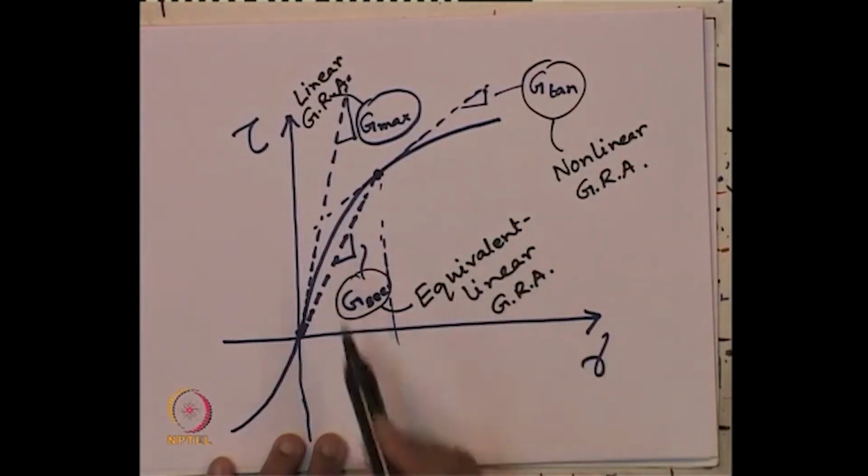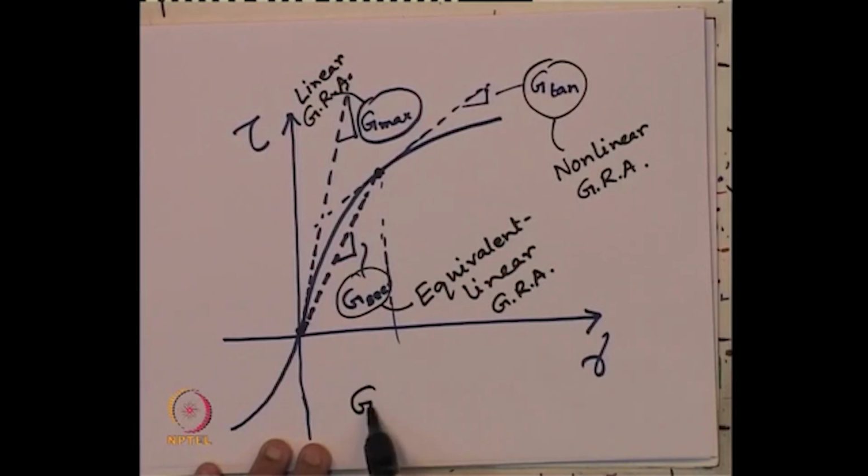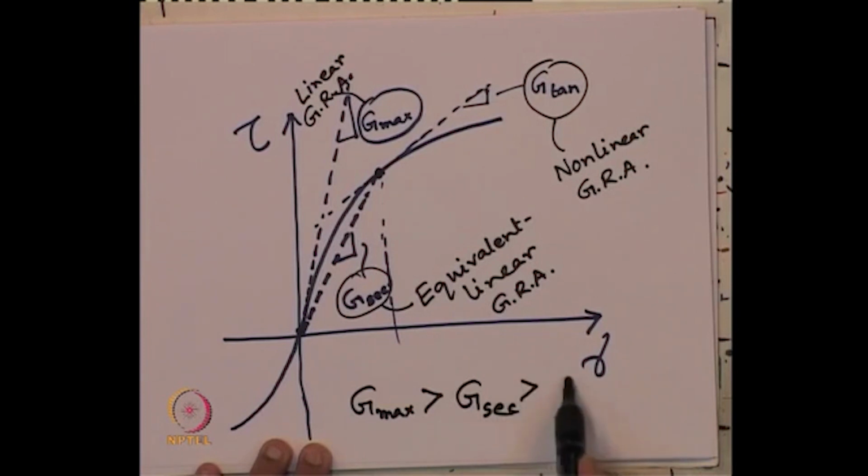So, as we can see from this, always G max will be higher than G secant, which should be higher than G tangent. Maximum shear modulus, as the name suggests, is always the maximum one, then secant shear modulus, then tangent shear modulus.